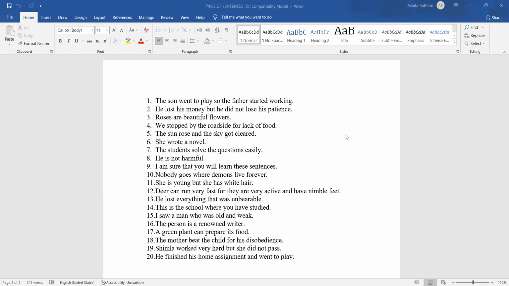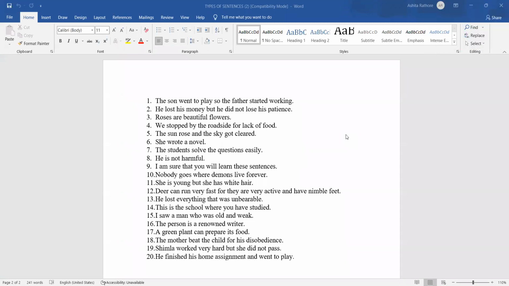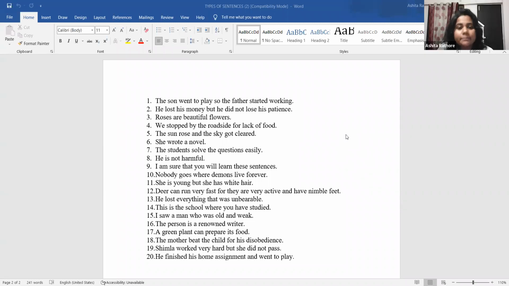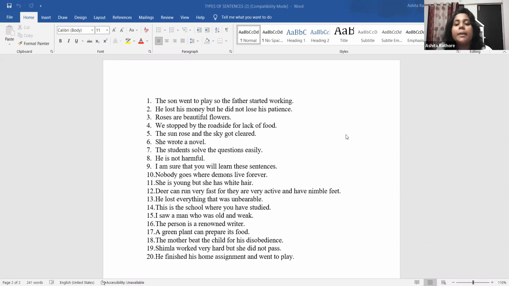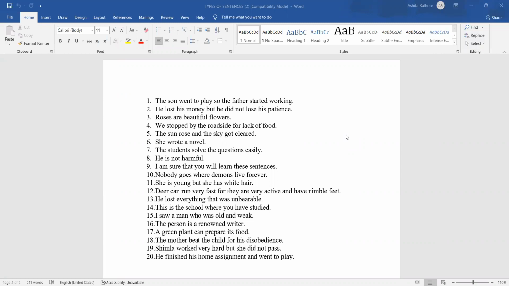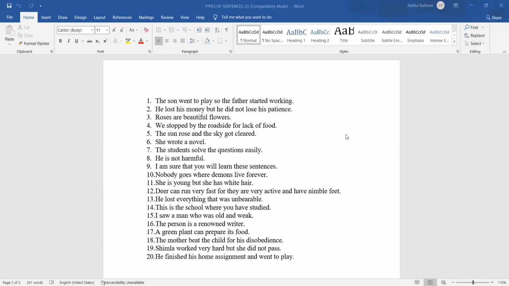So I am sure would be independent, that you will learn these sentences would be. That को हटाओ. You will learn these sentences. Is it an independent clause? Then it would be two independent clauses. Yes, ma'am. So this will be a complex sentence. Yes. Okay. You have two independent clauses coming in together, and that is behaving as a coordinating conjunction. This is a complex sentence. All right.